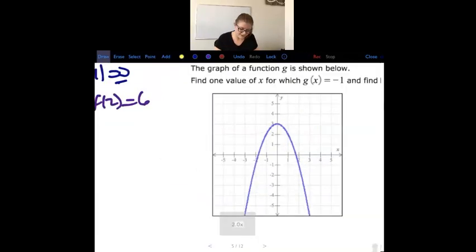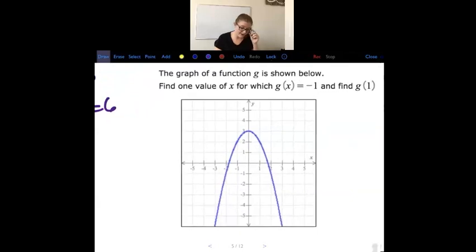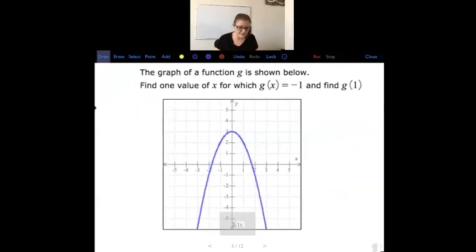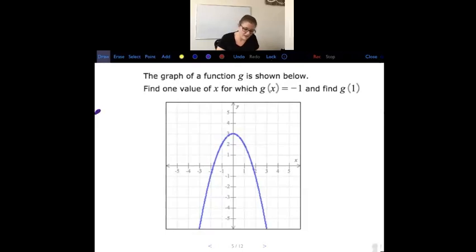For the next one, the graph of g is shown below. Find one value for which g of x equals negative 1 and find g of 1. So for the first part, x is our input, that's the piece that's missing, but the y value is negative 1.